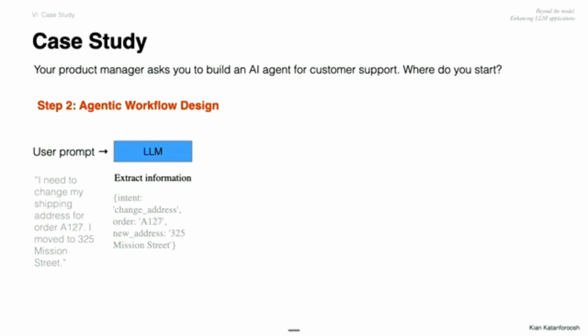You probably don't need too much technology there other than the LLM. The next step, it feels like you need a tool because you're actually going to have to look up the database and also update the address. So that might be a tool, and you might have to build a custom tool for the LLM to say, let me connect you to that database, or let me give you access to that resource with an MCP.